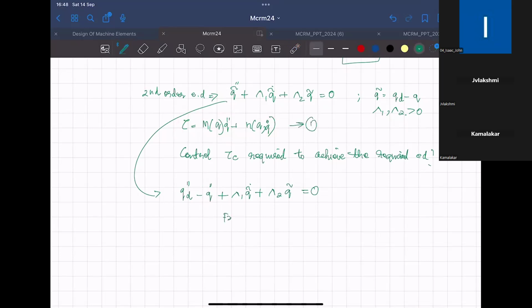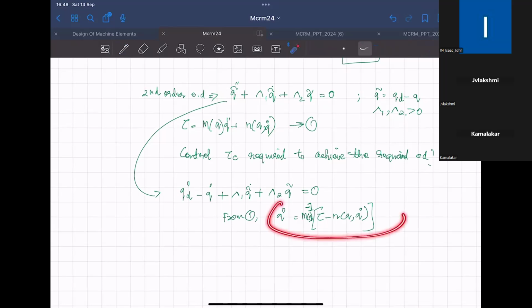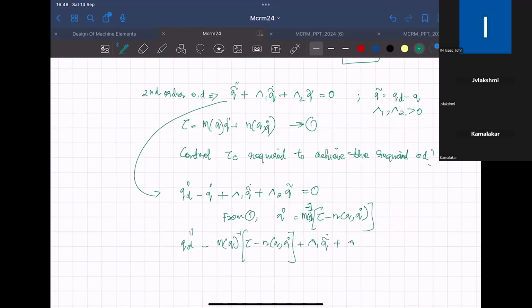So from 1, q double dot would be tau minus n of q, q dot, the whole multiplied by M of q inverse. So if I substitute this onto this, you will get q desired double dot minus M of q inverse times tau minus n of q, q dot, plus lambda 1 q tilde dot plus lambda 2 q tilde.